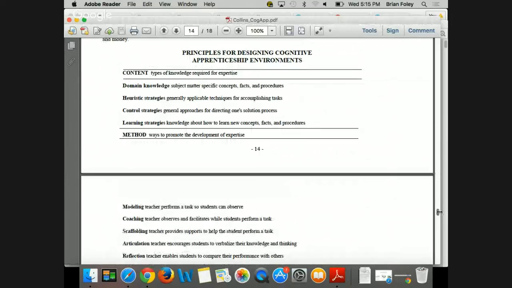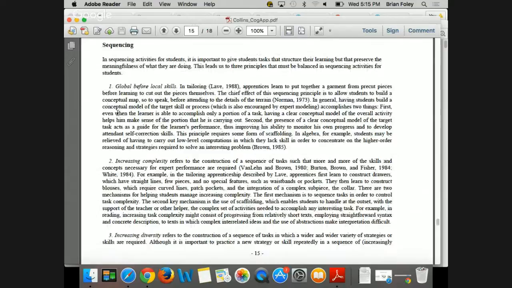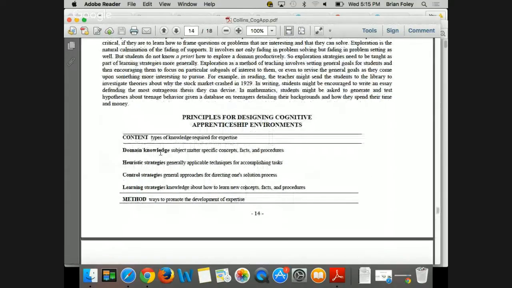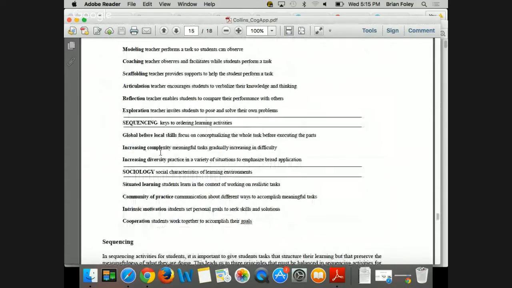And there's a couple of interesting things on this list. We talked about things like breaking down the subject matter, figuring out what are some of the strategies people use, and how to control. Cool, right? And so then these are the six things they do: modeling, coaching, scaffolding, articulation, reflection.